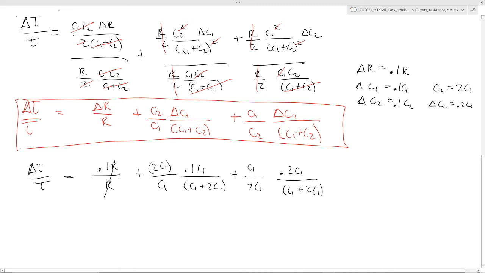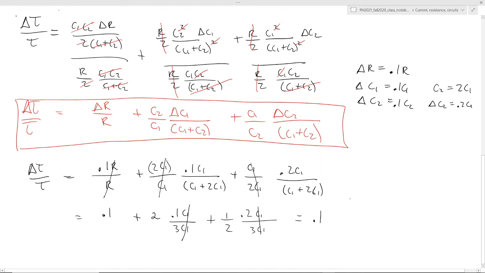And so you can see some of this then would cancel. You can cancel these factors. You can see this is actually 0.1 plus 2 times 0.1 c1 over 3 c1. You could cancel those as well. And then this would be 1/2 times 0.2 c1 over 3 c1. Cancel those as well. Long story short, we boil this down.